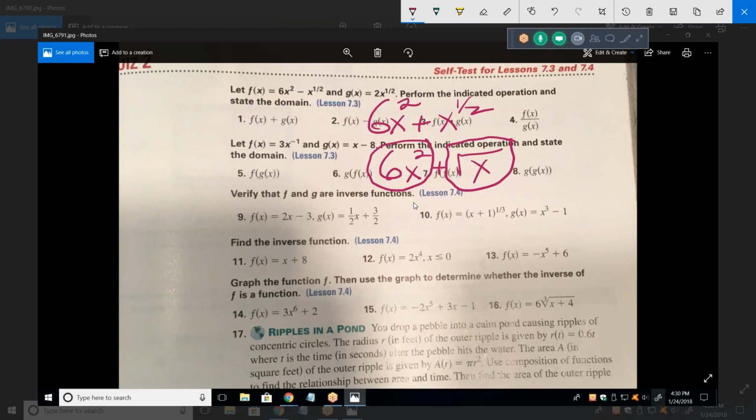Yes, you can. Can you take the square root of 0? Yes. Can you take the square root of minus 1? No, you cannot take the square root of negative numbers. Okay. So that restriction means x has to be greater than or equal to 0.